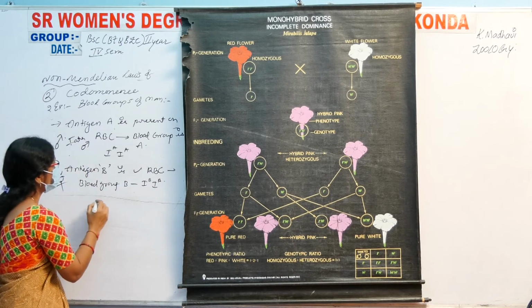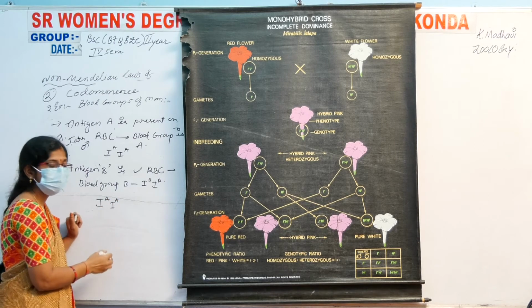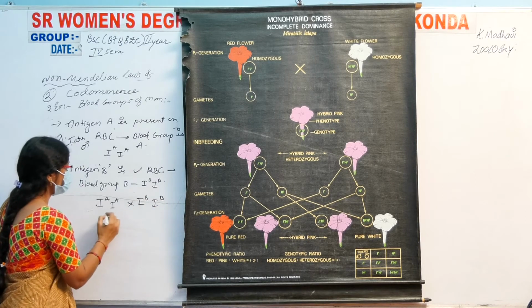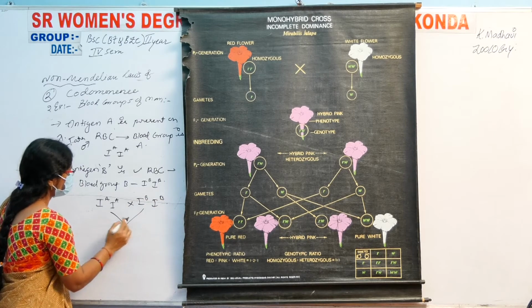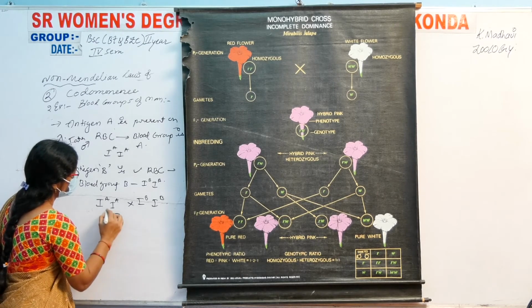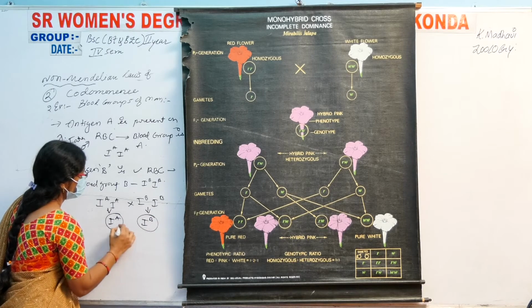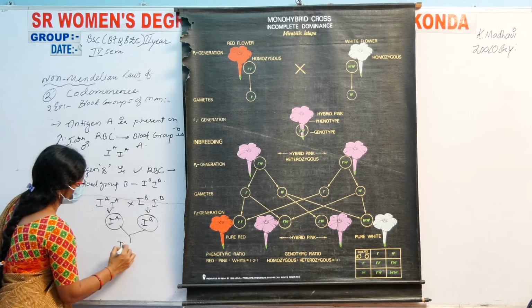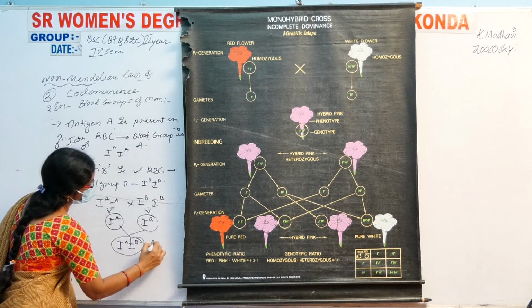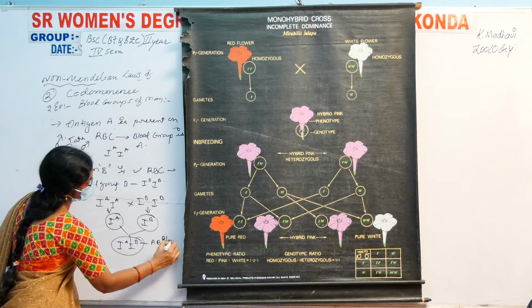When crossed with IA, and the other with IB, we can produce the fertilized gametes, that is IA IB, which is the AB blood group.